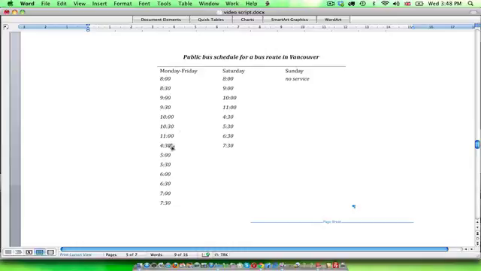Okay, the same thing occurs between 4:30 and 7:30. The bus comes every half an hour. That's a very specific detail, and when we are describing, we wouldn't say the bus comes at 4:30 and then it comes at 5 and then it comes at 5:30 and then it comes at 6. These are too many minute details. We would just group them together. We would state that the bus runs between 4:30 and 7:30 and that it comes on the half hour.